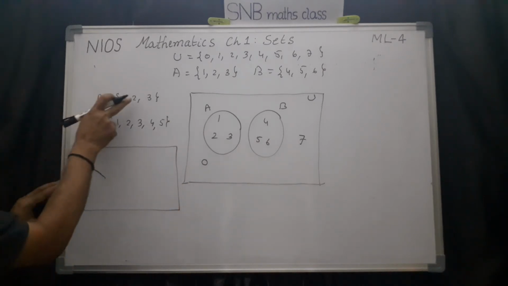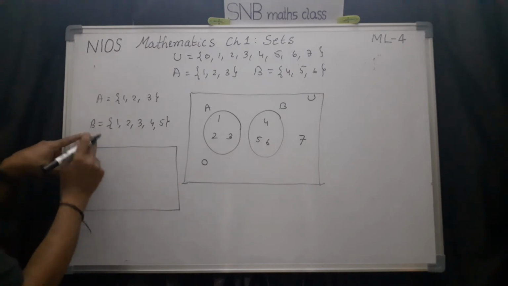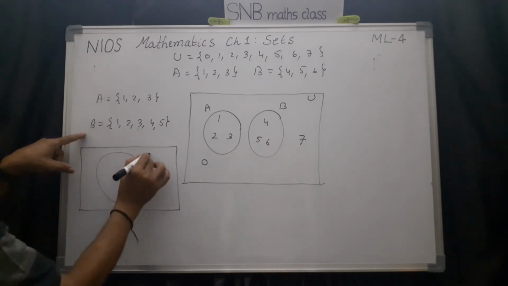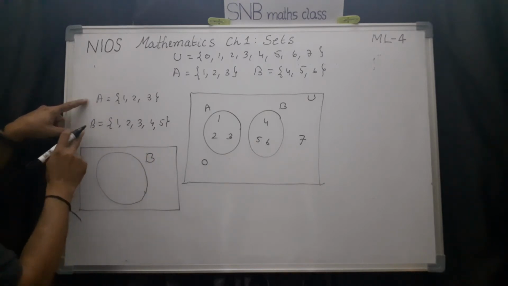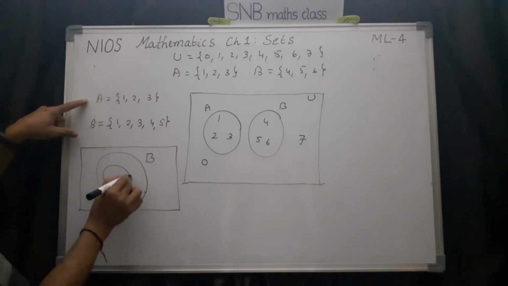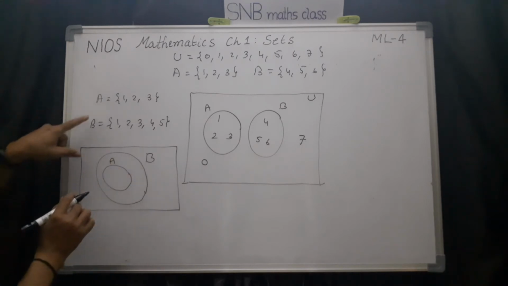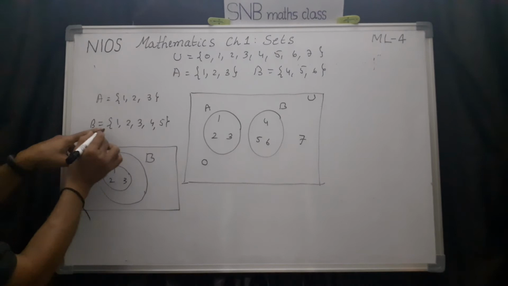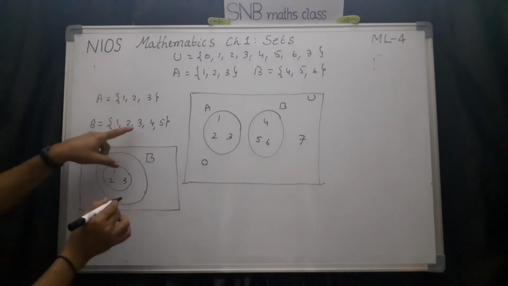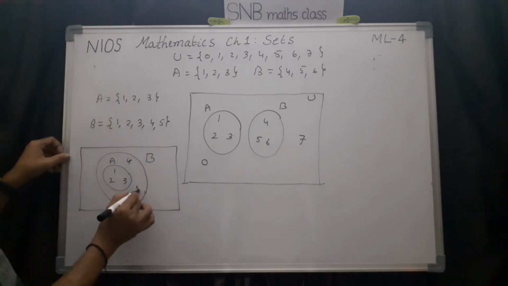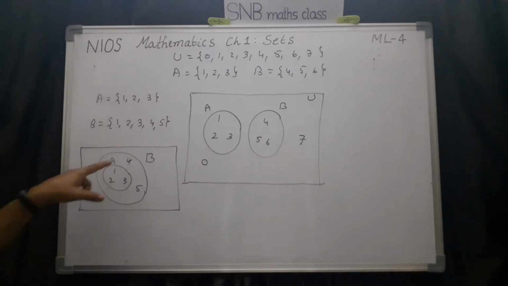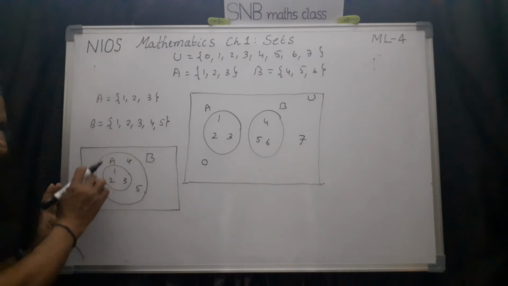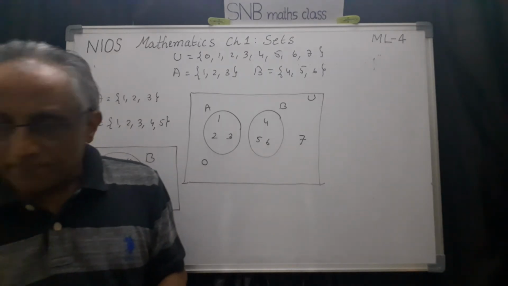Here 1, 2, 3 is in both. Therefore first draw a bigger circle, this is B, and A is a subset of B, therefore it must be inside. This is A. Whatever is in A, first write 1, 2, 3. Whatever is in B but not in A, 4 and 5, write in the remaining part. The subset is always included inside the superset. So this is the idea.